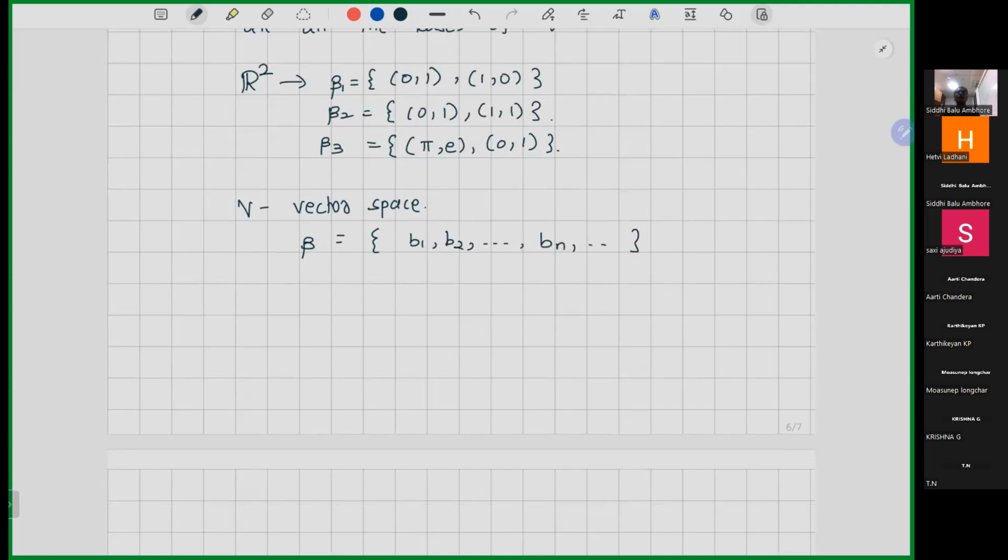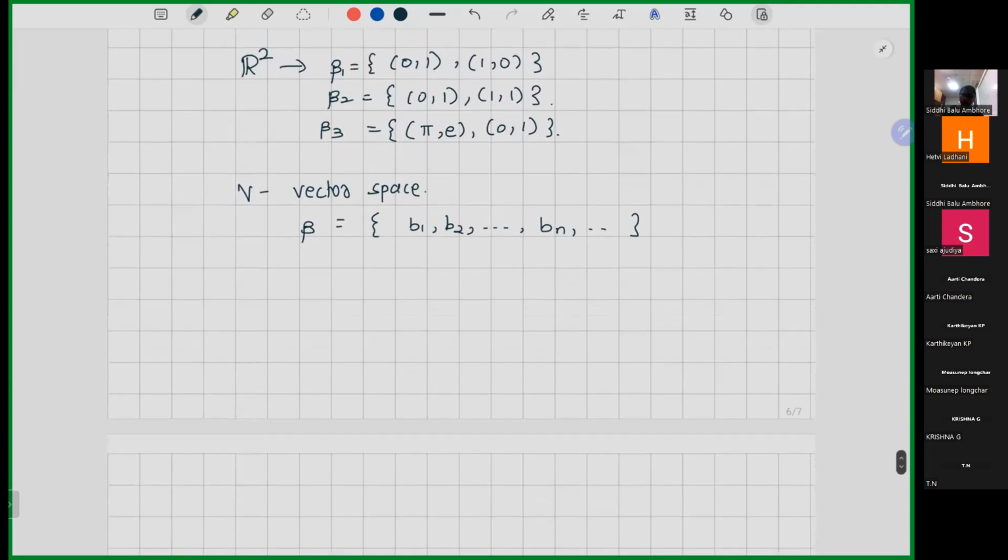It could be finite dimension, infinite dimension, I don't care. But if this is the basis, I can always modify this, right? Beta prime to be alpha B1, alpha B2, ..., alpha Bn, alpha Bn plus 1, and so on. And this is a new basis of vector space V again. Note that this will again span our vector space V, and this will also have the same cardinality if we are in the finite dimensional case, and so on.